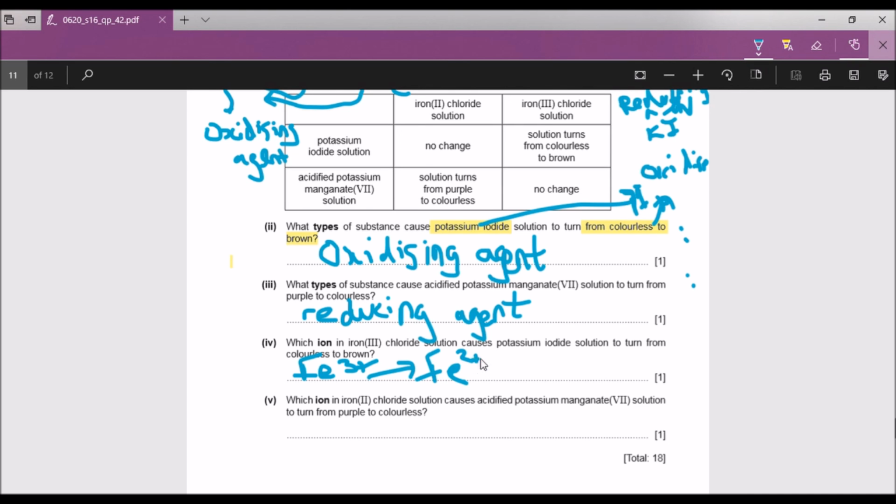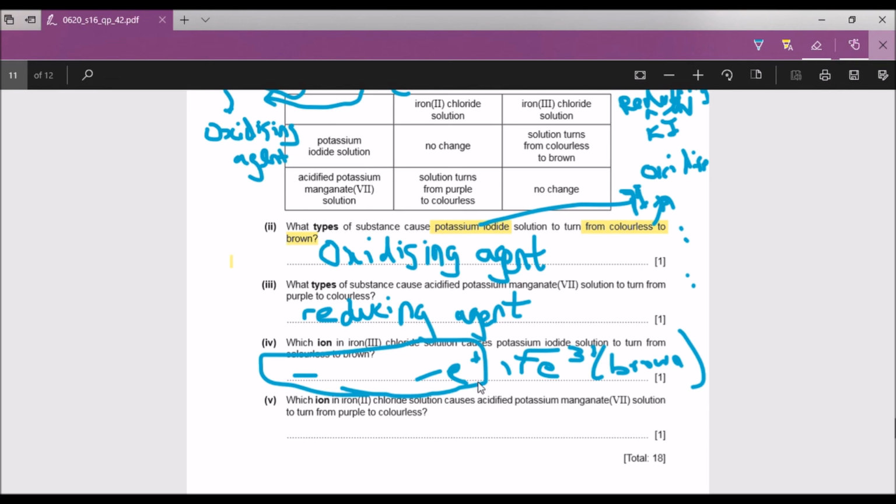It turns into Fe2+, and it's actually Fe3+ which causes this to turn brown. The fact that it turns into Fe2+ is the reason why. So the answer is Fe3+.